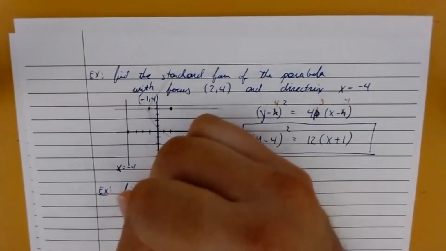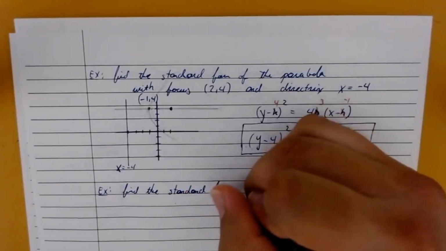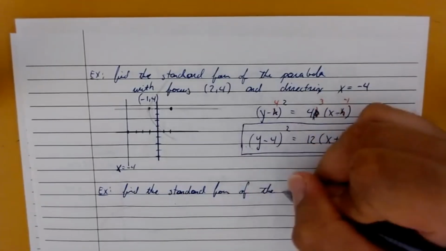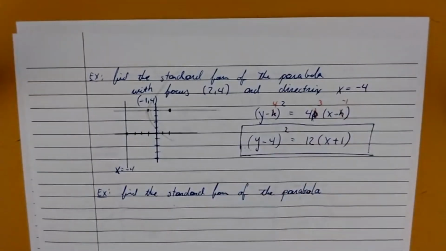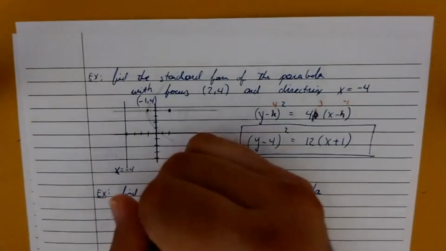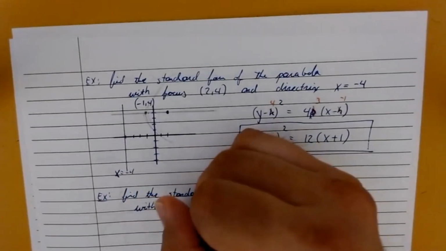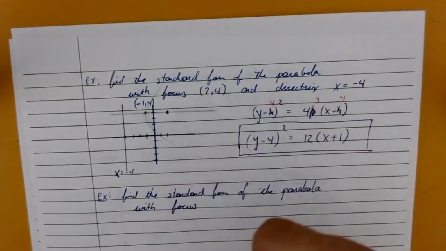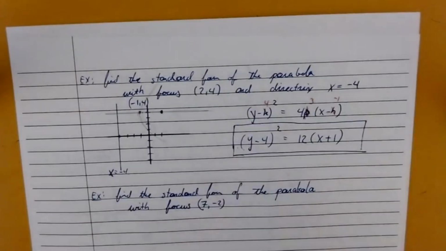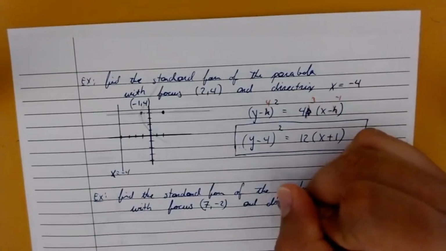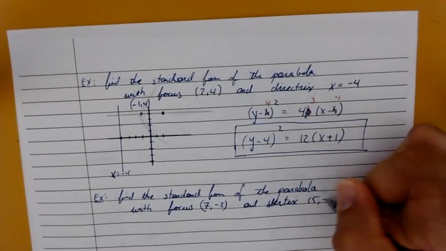Same question. Go ahead and find the standard form of the parabola with focus (7, -2) and directrix x = 5... and vertex (5, -2).